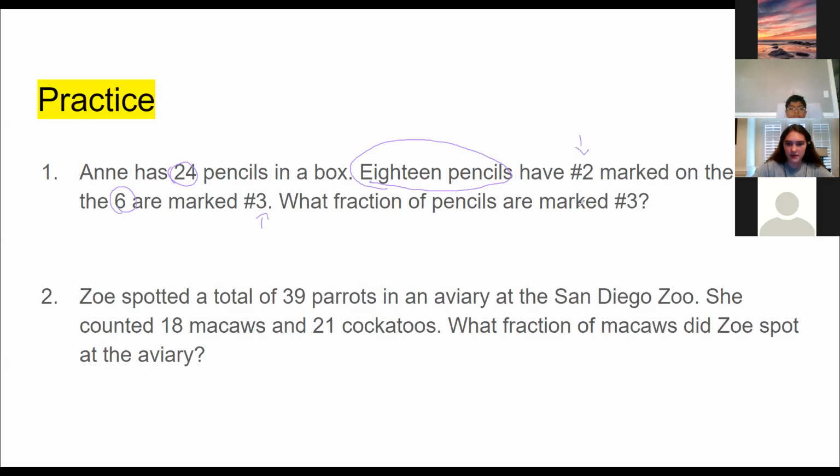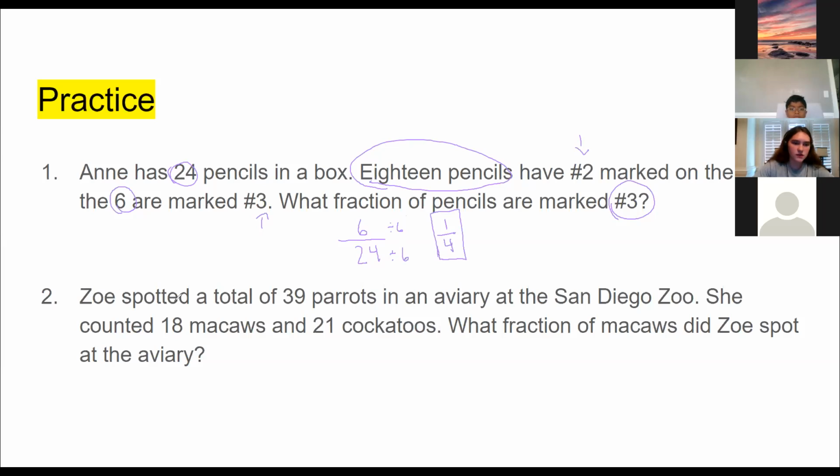What fraction of the pencils are marked number 3? So in the problem, 6 of them are marked 3, and out of the entire total, there are 24. While this may seem like the answer, it's not simplified. And when you simplify, you need to break it down into the best it can be. So if we divide by 6 and divide by 6, we should get 1/4 as our answer.